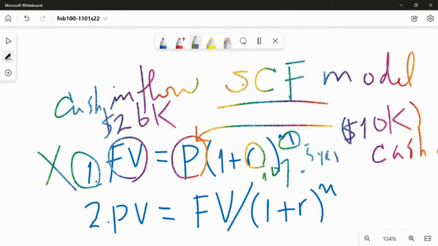So the reality is there will be multiple cash flows. When you make a loan of 1 million, that's a single cash outflow, but then there will be 120 cash inflows. So the reality is different.